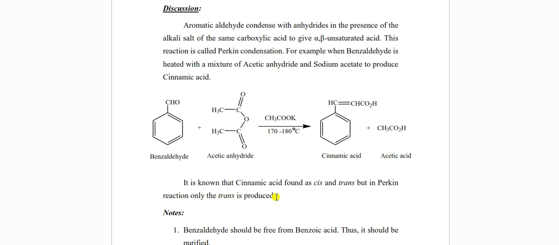So that's why we call Perkin condensation a specific reaction. If I asked you why Perkin condensation is a specific reaction, it is because the cinnamic acid produced from this reaction is found only in the trans formation without any cis.